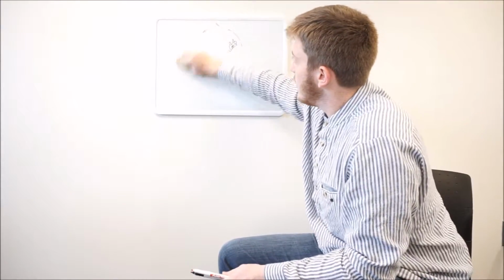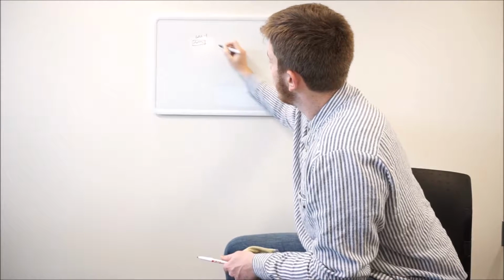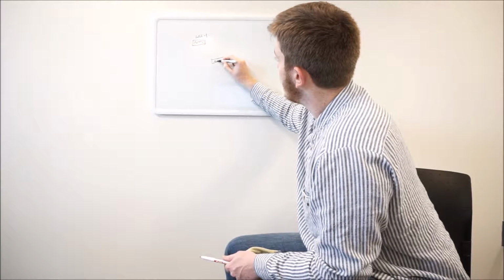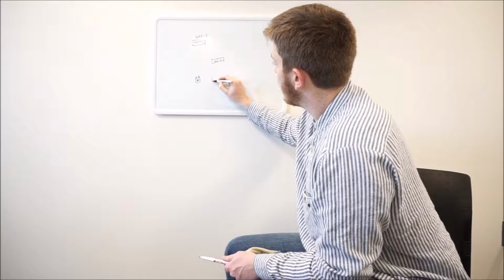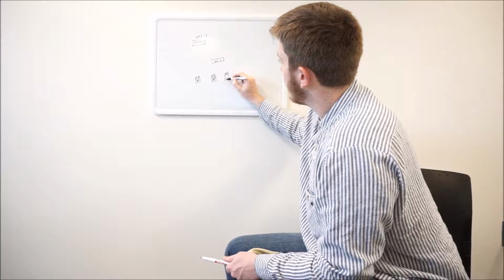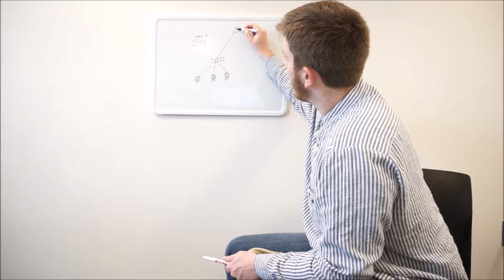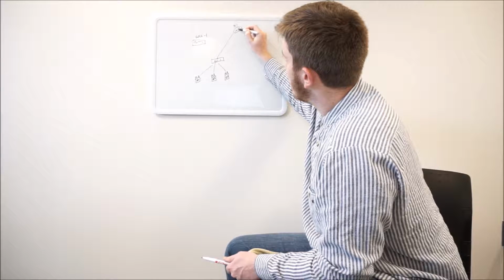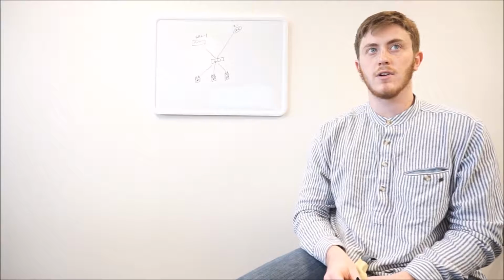So let's go ahead and illustrate how this works. The way that it works is the configuration for each AP is put on the wireless LAN controller.